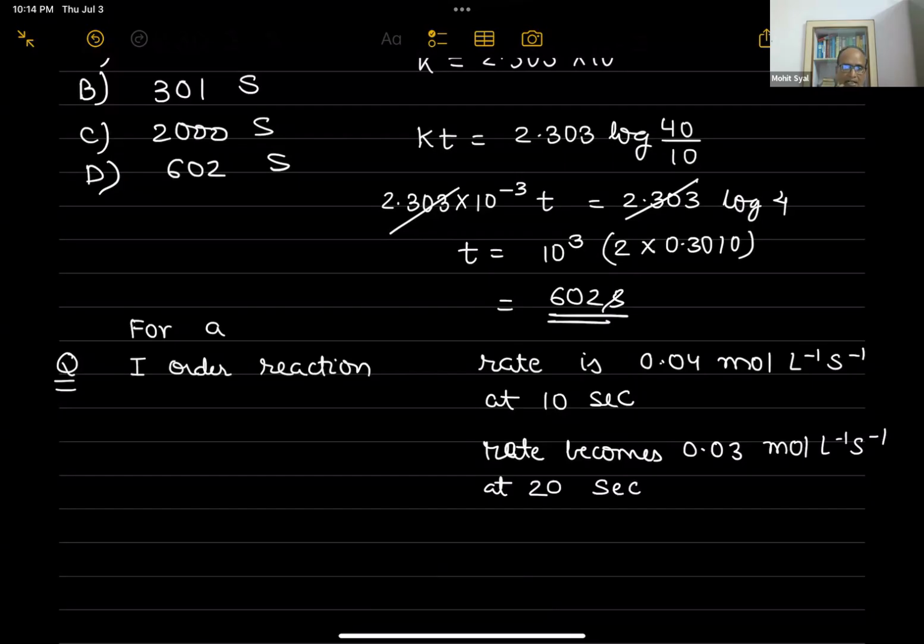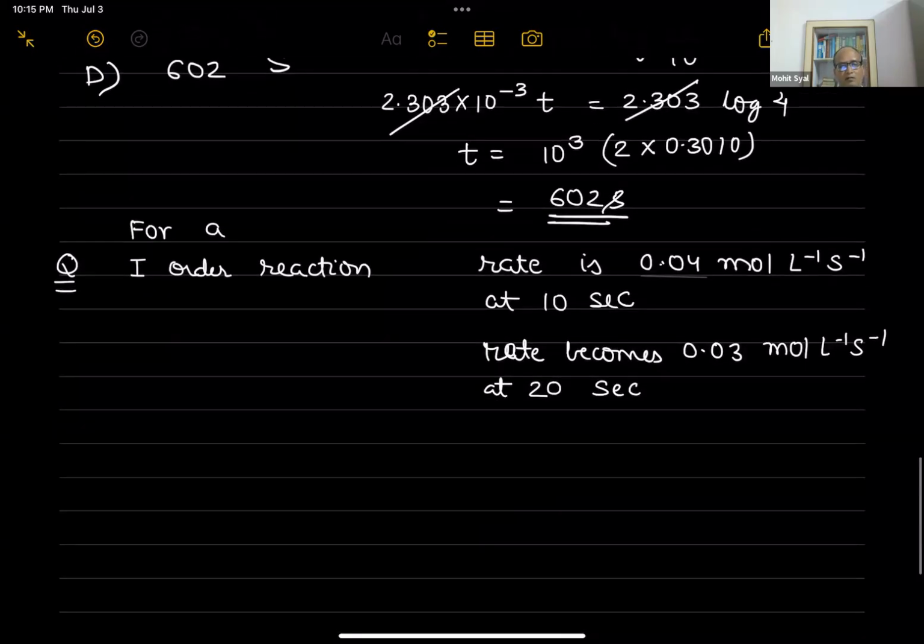So at 20 seconds, the rate has decreased. You can see the rate has come down from 0.04 to 0.03. So what you need to do is tell me what is the half-life period.